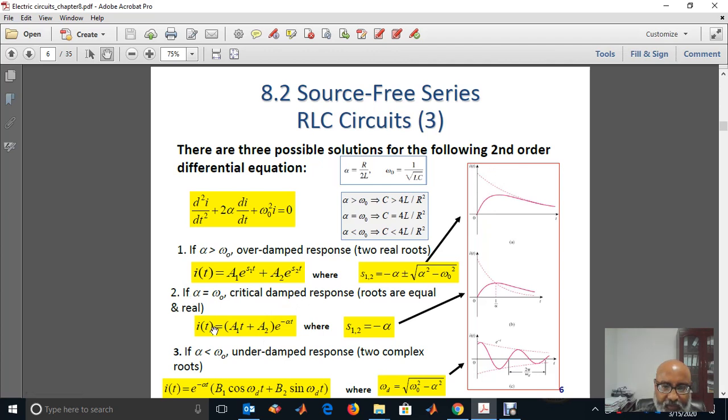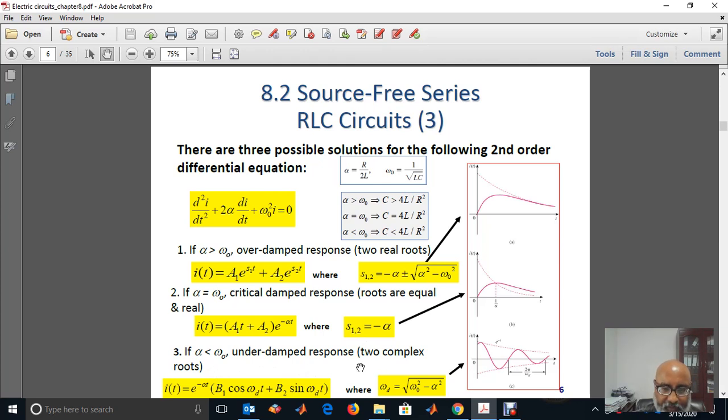If alpha is equal to omega naught, we call it critically damped. The roots are equal, and the solution is given by this formula. If alpha is less than omega naught, we call it underdamped response.